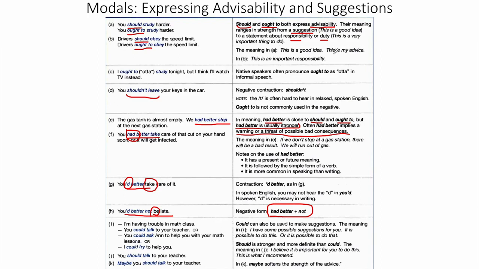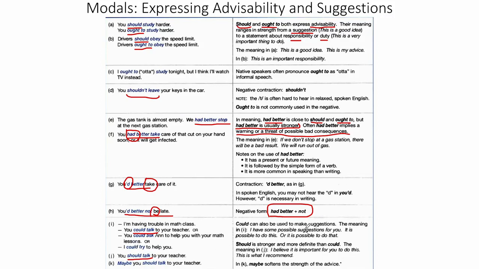Also, to finish, we have to talk about suggestions. In order to express suggestions, we can use the modal could or should. These two modals can be used for expressing a kind of suggestion. You want to suggest somebody something to do, so you can use the modal could. For example, you could talk to your teacher. You should talk to your teacher.